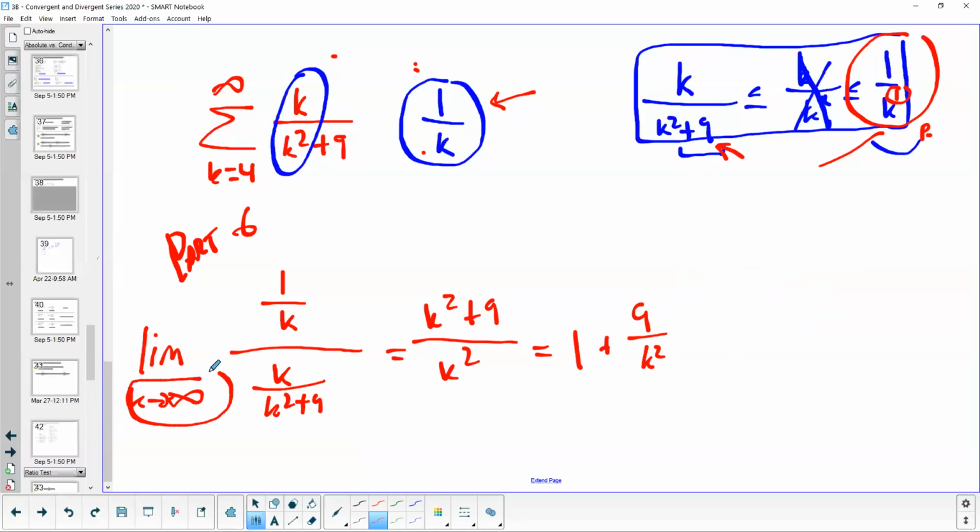Now the limit as k approaches infinity: since k is in the denominator, getting infinitely larger means this part approaches 0, therefore this approaches 1.